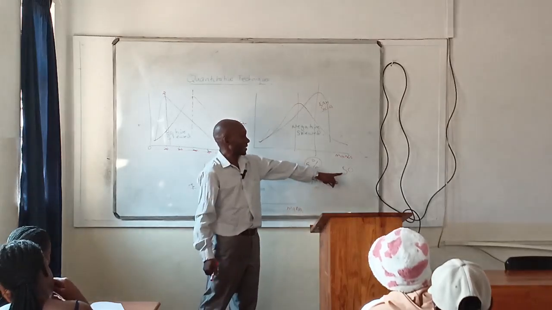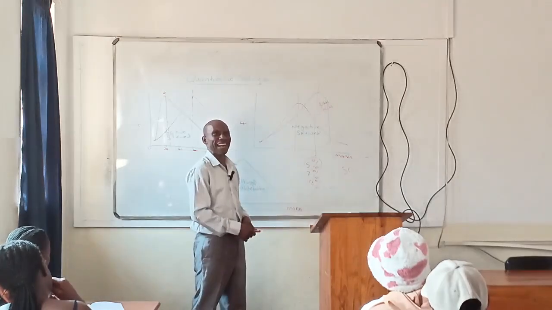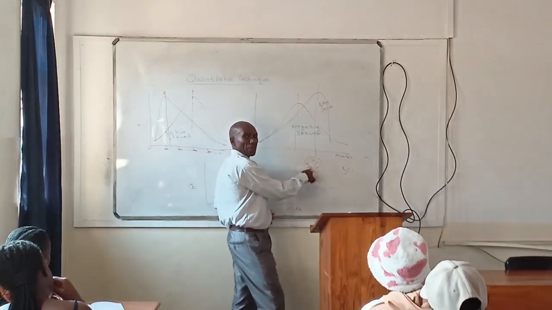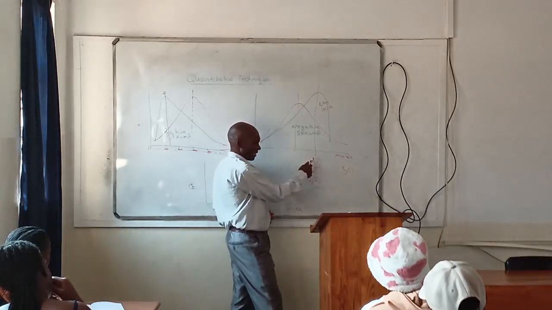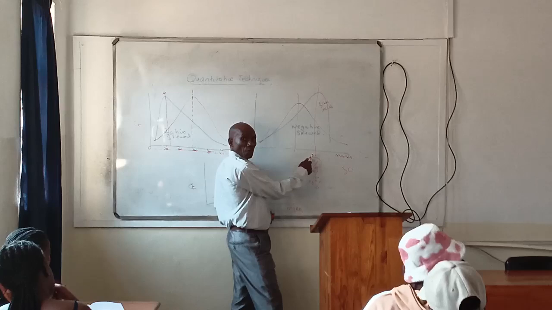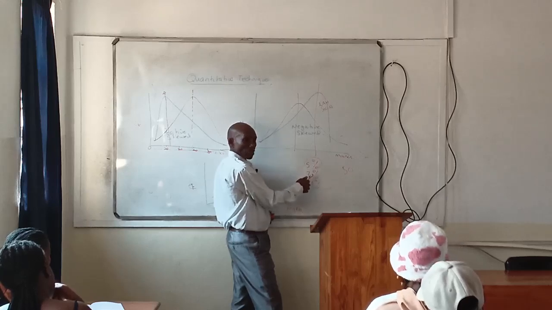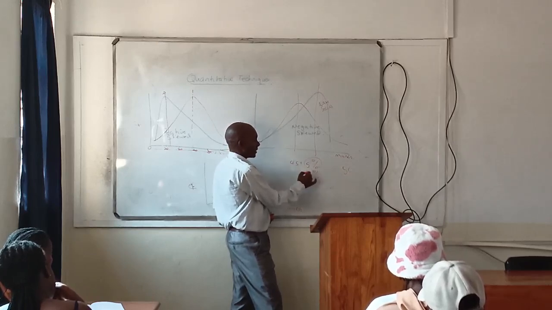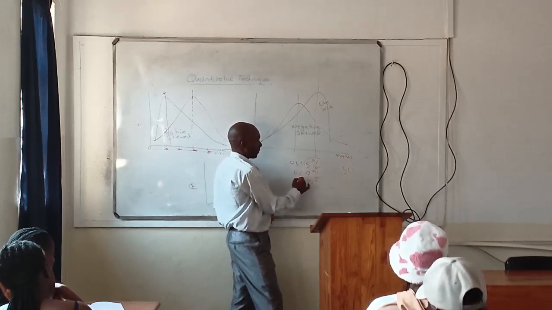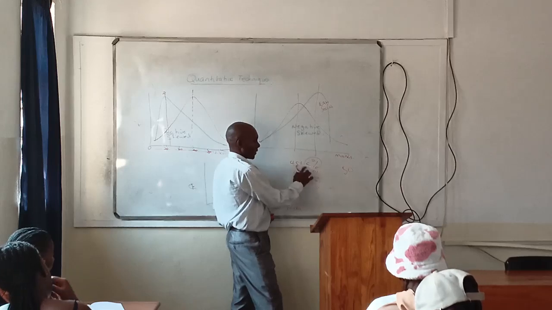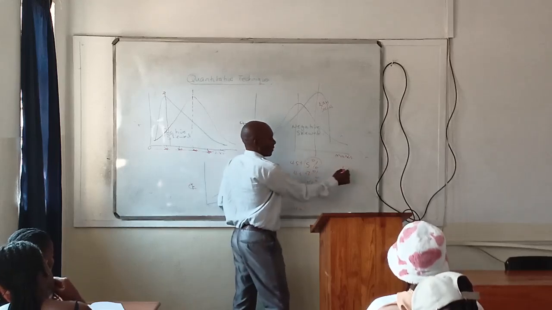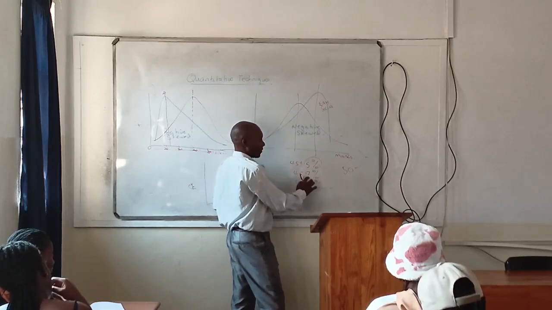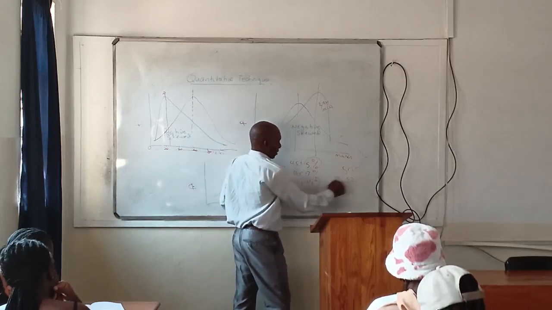If the passing mark is 50, they may say, this one scored 5, so add 45, 45, 45, right? So if they give 45 to each one, this one will be plus 45, plus here 45. So 45 plus 5 is what? 50. This one will be 52.